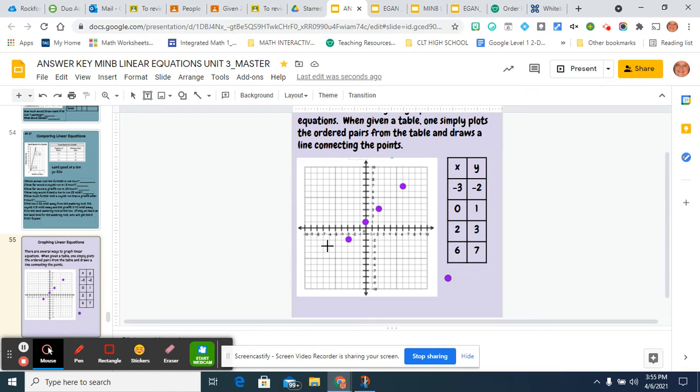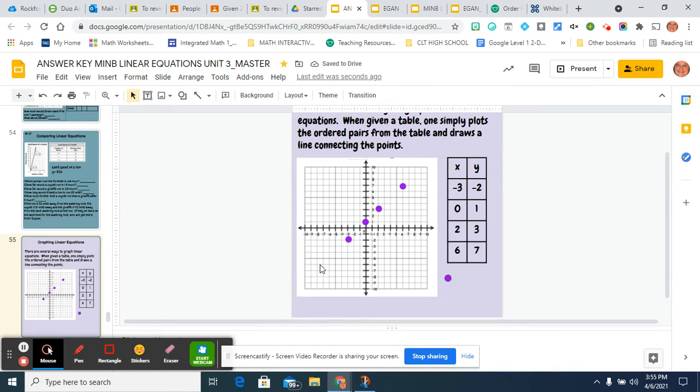You can see if I start here, my line's a little off. I'm going to let that go and actually delete it, because I can see that the slope of my line is off a little bit.